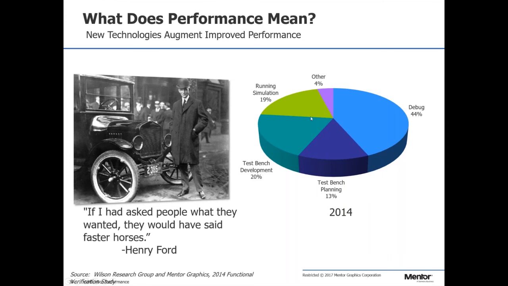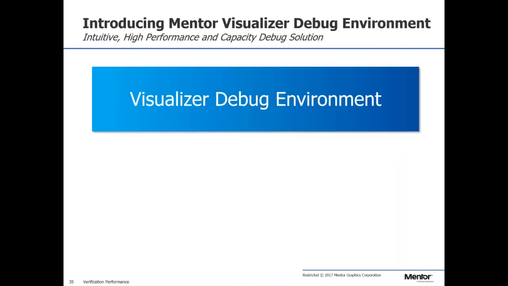We want the simulator to run faster. What Henry Ford did instead is he changed the game. He said, let's not make horses, let's do something different. And the something different is, let's have a better way of debugging. And that is where the Visualizer debug environment comes in.